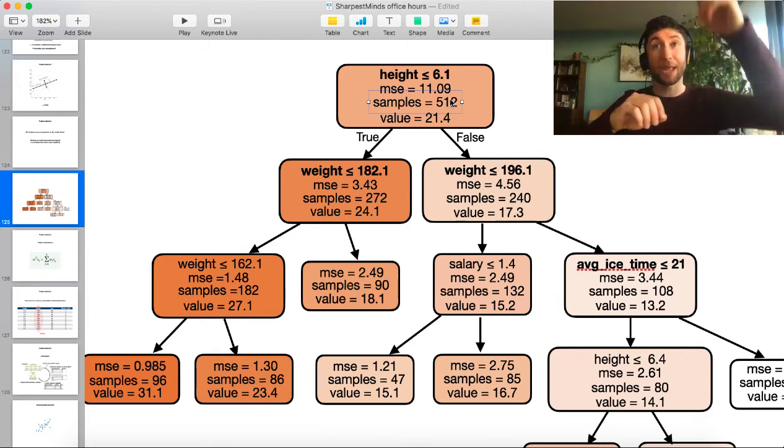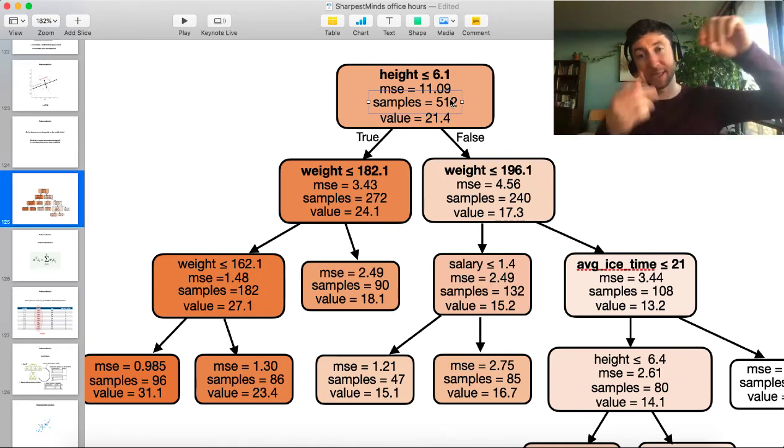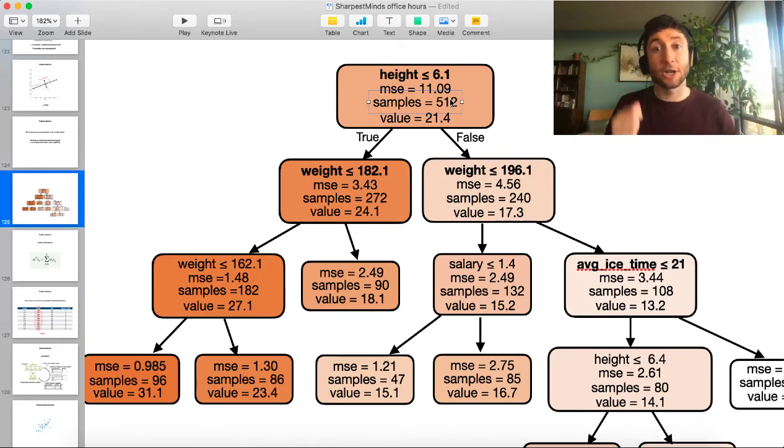And then try again. I'll take the shortest 2 players, move them into this bucket, and the 510 tallest players into the other bucket, and repeat. Then shortest 3 players, then shortest 4 players, and so on. Every possible way of splitting that column. And you're going to do that for all the columns.